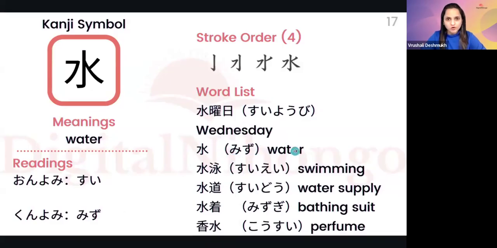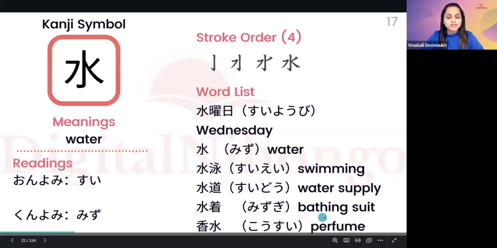Mizu is water, drinking water, nomimizu. Then suiei is swimming. Suido is water supply. Mizugi is bathing suit. And kosui is perfume. These are different words related to mizu or sui.